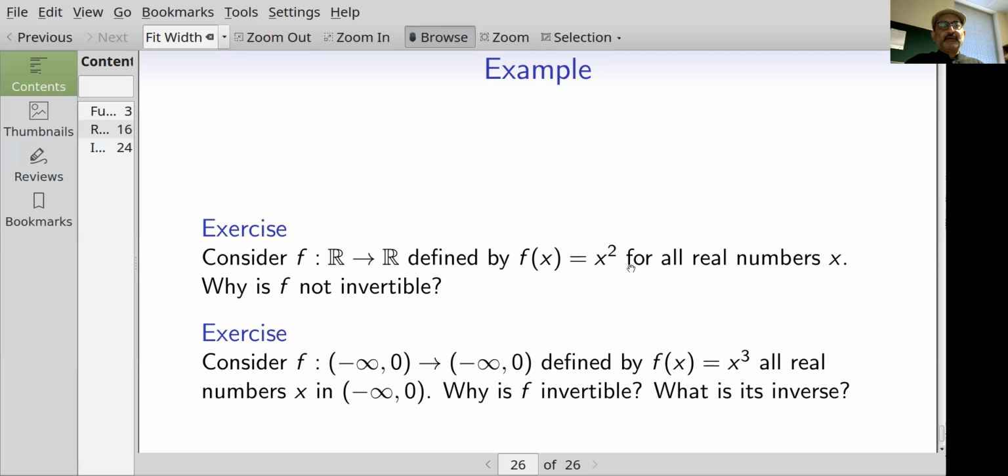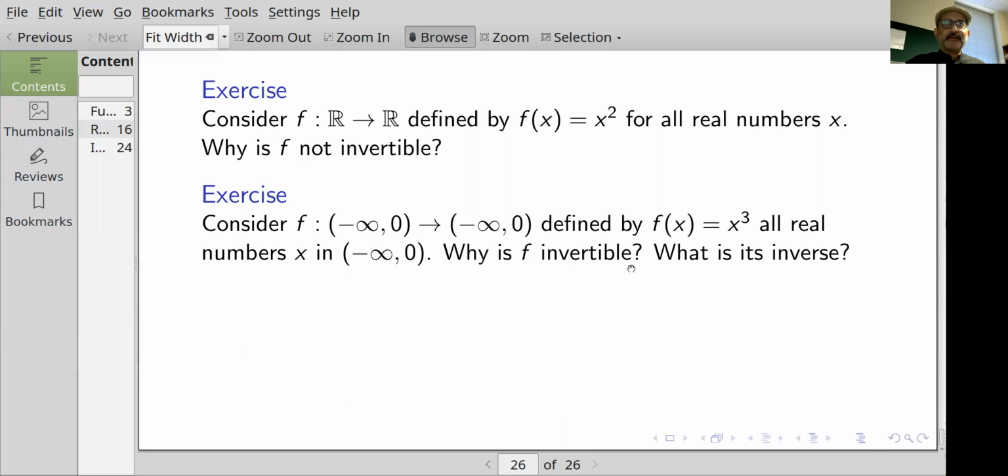Okay, let's consider f sending reals to reals, defined by f of x equals x cubed. So why is f invertible? I'll let you think about that. And exactly, you already know what the name of its inverse is. Okay, so that ends our discussion about functions.